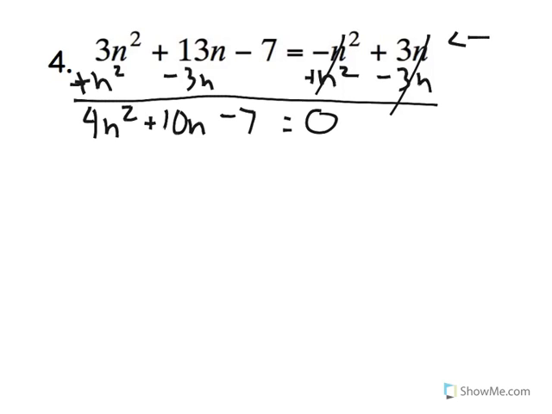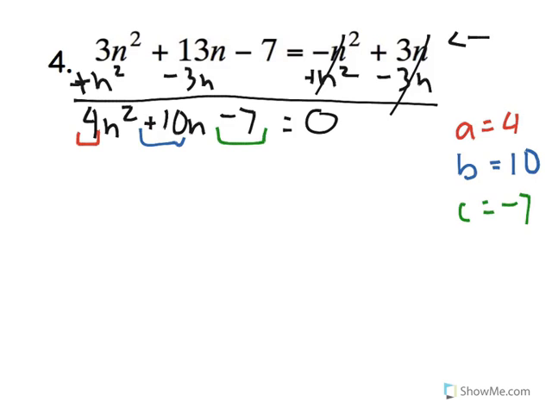Now our a value is 4, our b value is 10, and our c value is negative 7. So a is 4, b is 10, and c is negative 7.